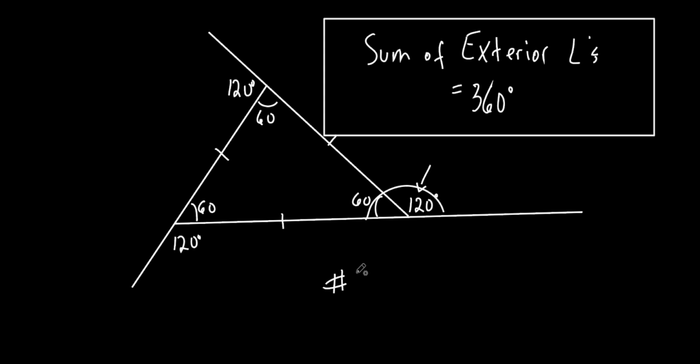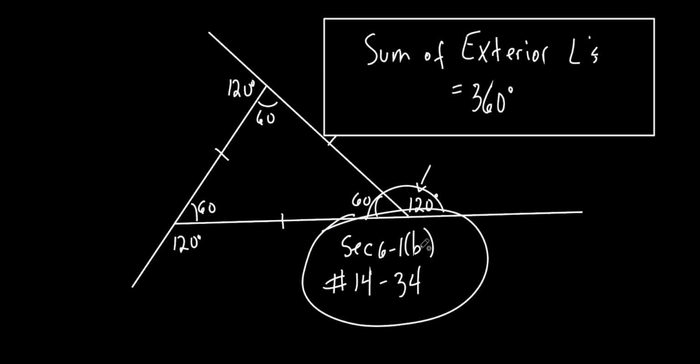So you're going to go 14 to 34, section 61B. If you look at the lesson plans, it's going to say 19. But remember, we stopped at 13 yesterday. So you're doing 14 to 34. That is your homework right there.